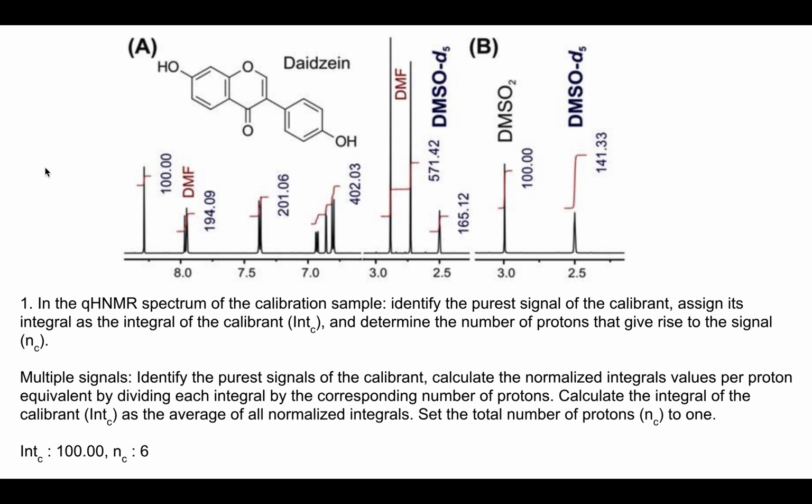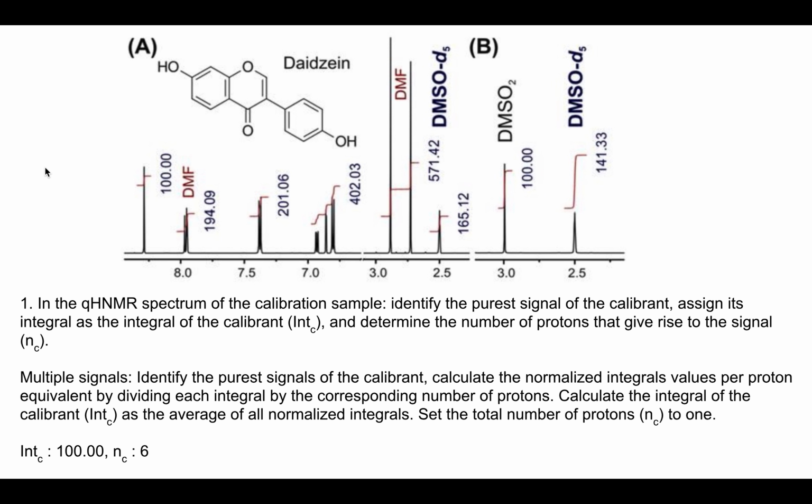And when there are multiple signals, you need to identify the purest signals of the calibrant, calculate the normalized integral values per proton equivalent by dividing each integral by the corresponding number of protons. Then you calculate the integral of the calibrant as the average of all normalized integrals, and finally set the total number of protons equal to 1.